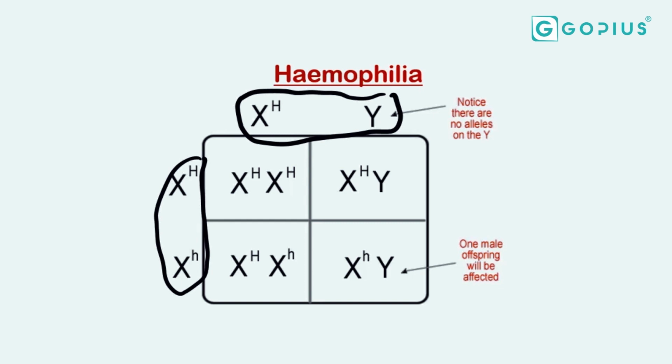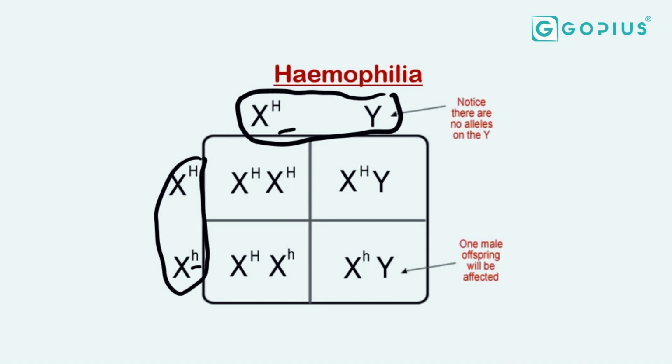That is the one that causes hemophilia. So we're looking at the mother. The mother, which is XX, has the capital H and small h. The capital H masks the small h, so she's normal, but she's a carrier. She's carrying it, but she's normal.